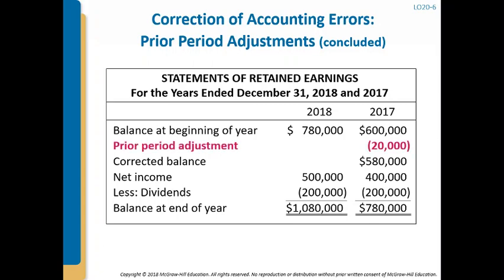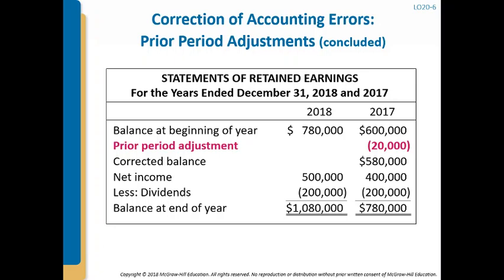In that case, what you have to understand is the current year is 2018, 12/31/18. So you've got comparative numbers here, statement of retained earnings, with 2017 being the comparative.